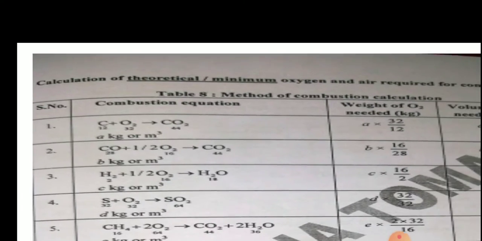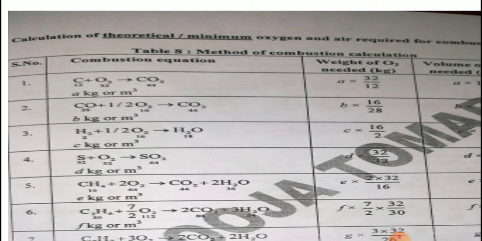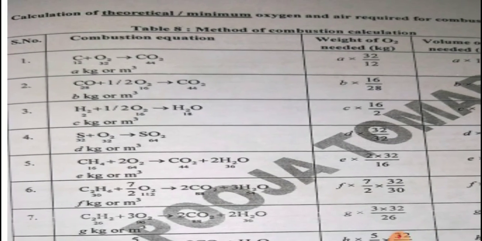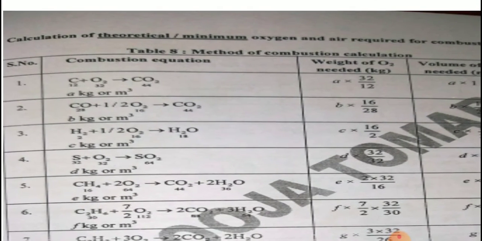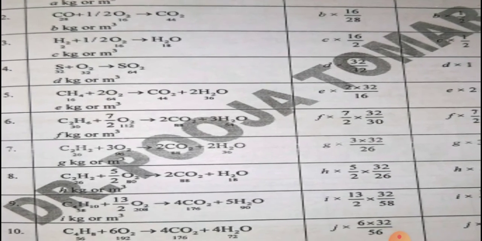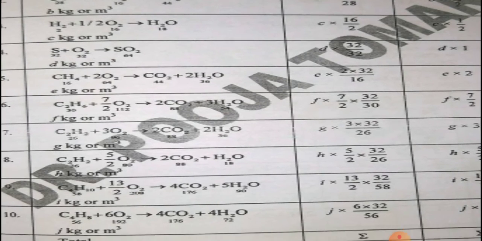The calculation based on combustion can be done as follows: by weight of oxygen needed or by volume of oxygen required. The combustible matter is carbon, carbon monoxide, hydrogen, sulfur, methane, ethane, ethene, ethyne, meaning all hydrocarbons.